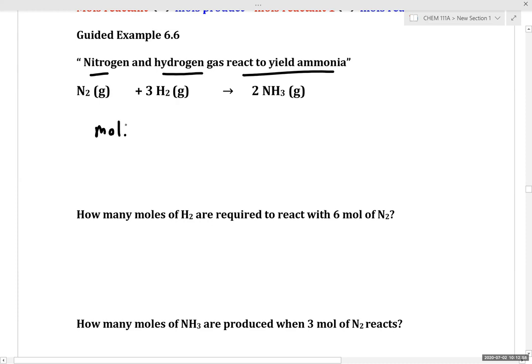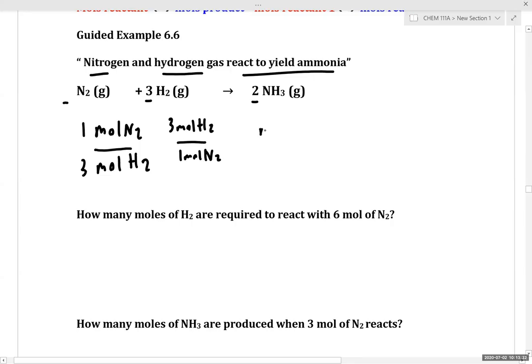So how many moles of nitrogen do we have for every mole of hydrogen? What is our ratio of nitrogen to hydrogen in this chemical equation? 1 to 3, yep. We can also write this as 3 moles of hydrogen for every 1 mole of nitrogen. These ratios can be flipped.